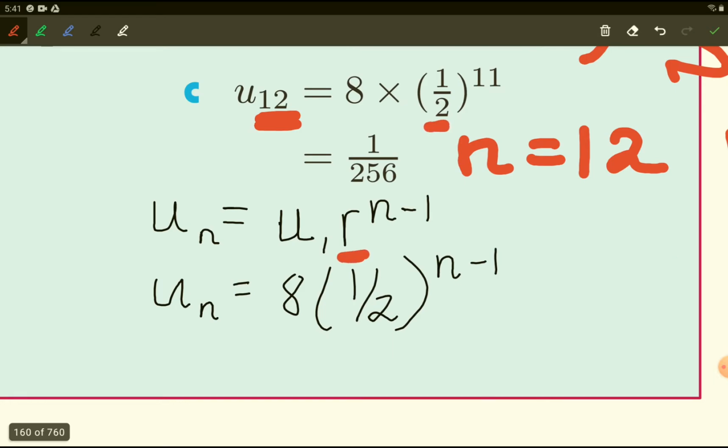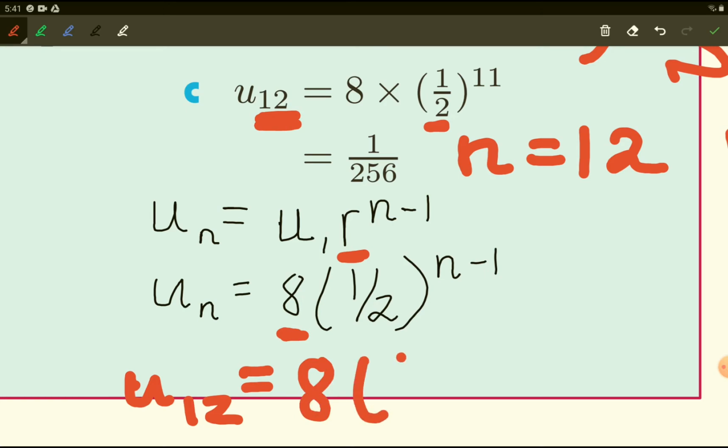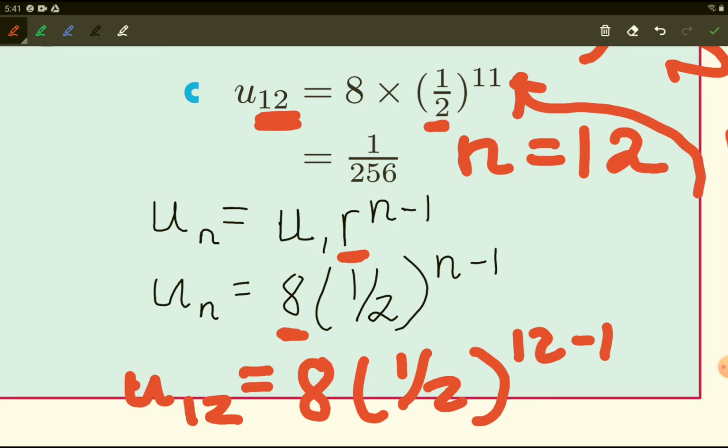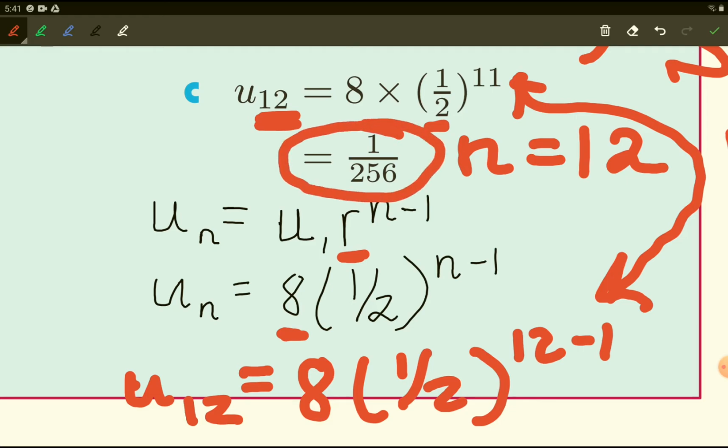Wherever they saw n, they just plugged it in. So U12 equals 8 times 1/2 to the 12 minus 1, which is 11. And then that is your final answer.